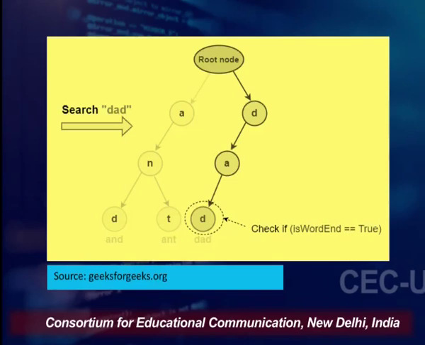Here you can check whether the word end is equal to true with the help of a word end flag, or you can represent it with a square or a rectangle on the last node of D that I am talking about.